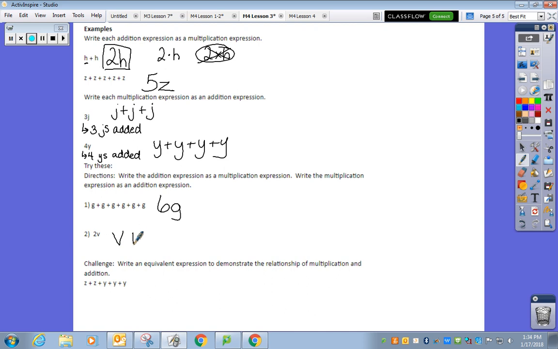So v plus v. For a challenge, what we're doing is we are going to be showing multiple letters in here. So here I have 2 z's being added together, so that's 2z plus 1, 2, 3 y's. So that would be 3y.